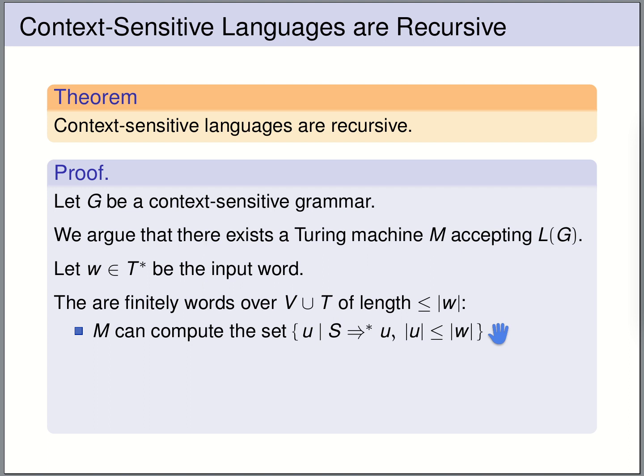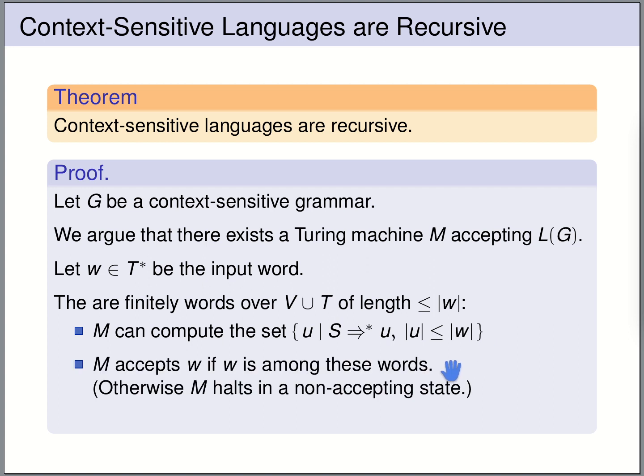This set is finite and the Turing machine can compute it, and then all the Turing machine has to do is to check whether the word W is among this set. If it's in the set, W is derivable. If not, it's not derivable by the grammar.